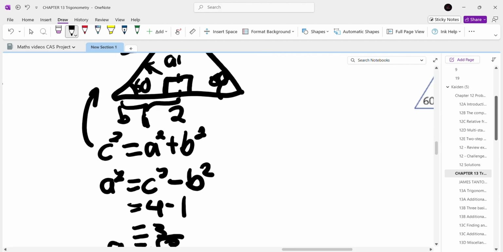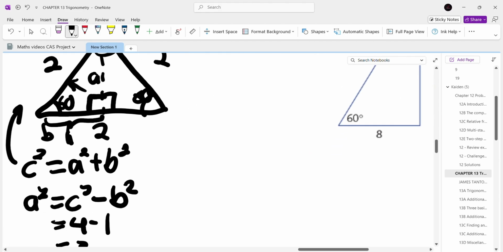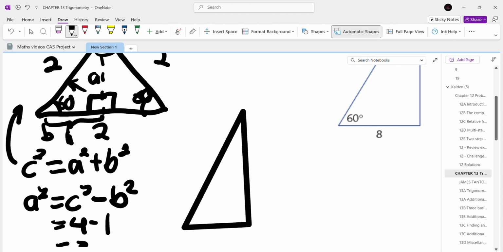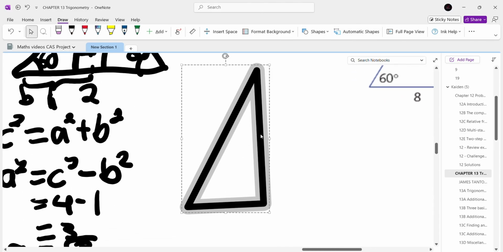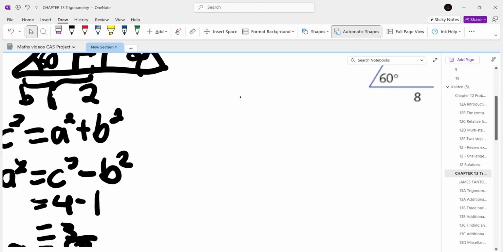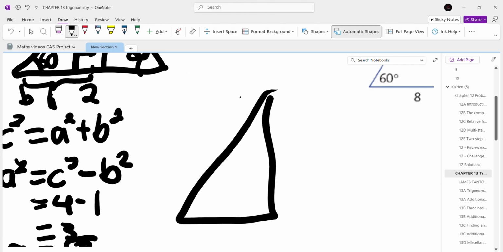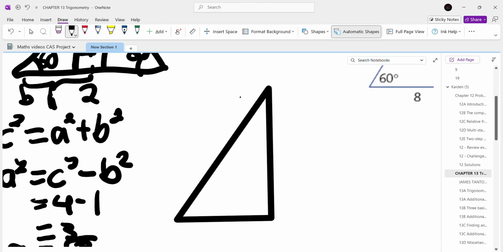So therefore, we have constructed this little triangle that has side lengths 1, 2, and the root of 3.